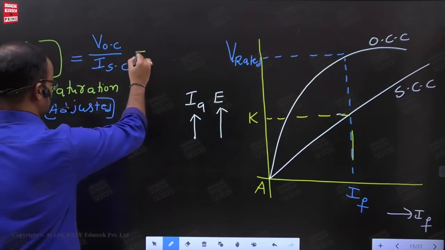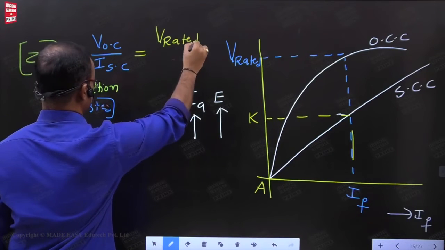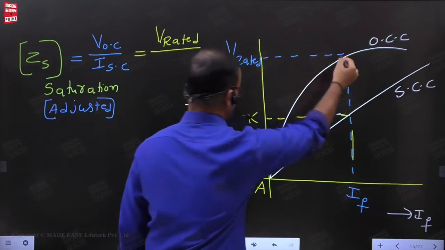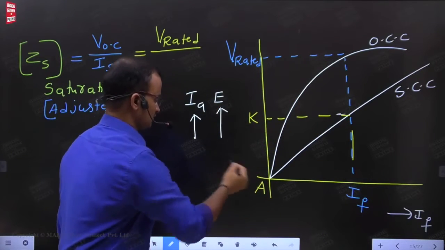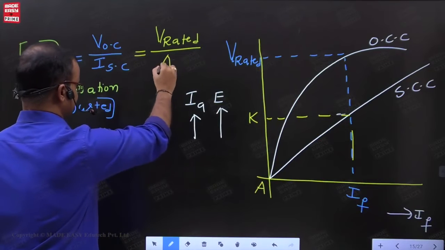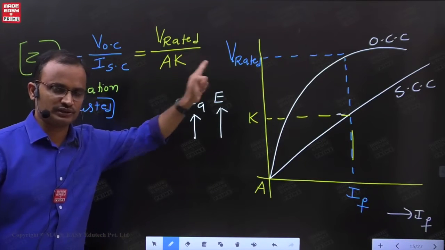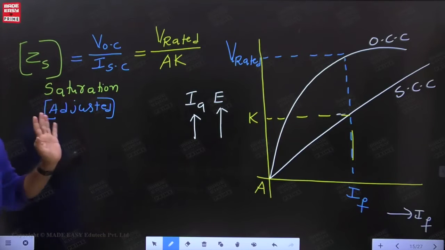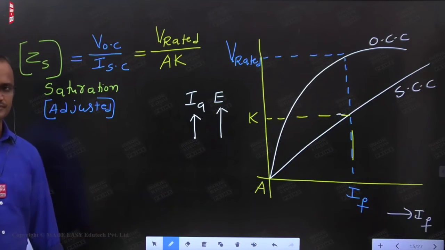To get this ZS value, VOC means we take the rated voltage and the corresponding short circuit current. For the rated voltage, measure the field current. The short circuit current here is AK. If you take the reference as the rated voltage, then we get the saturated synchronous impedance.